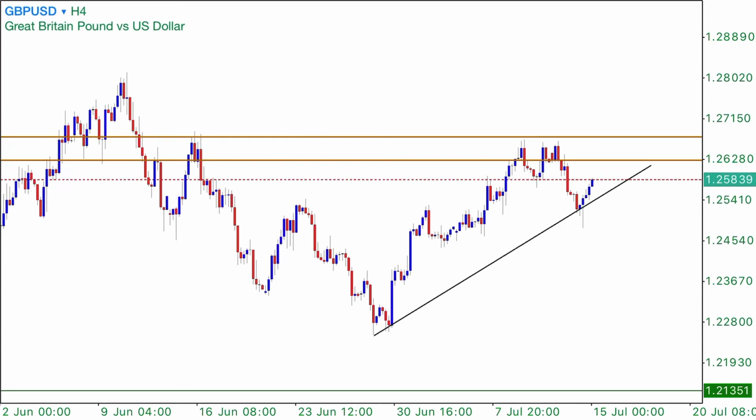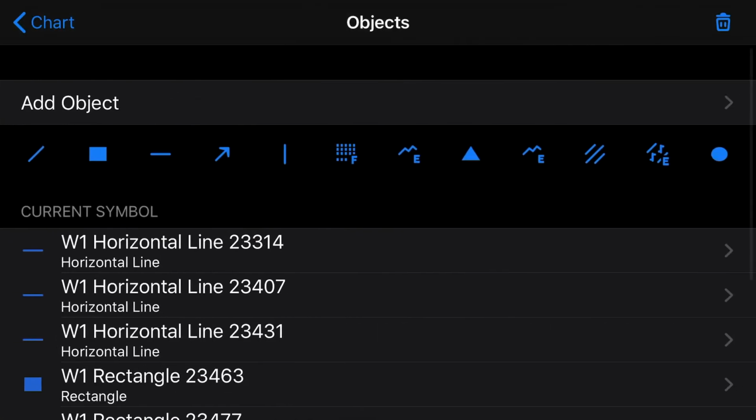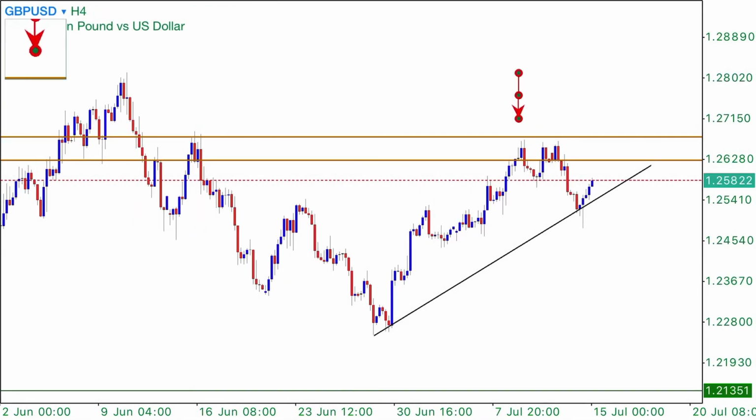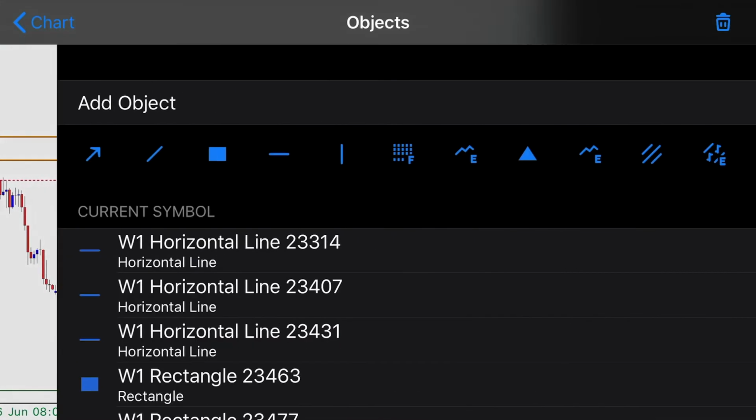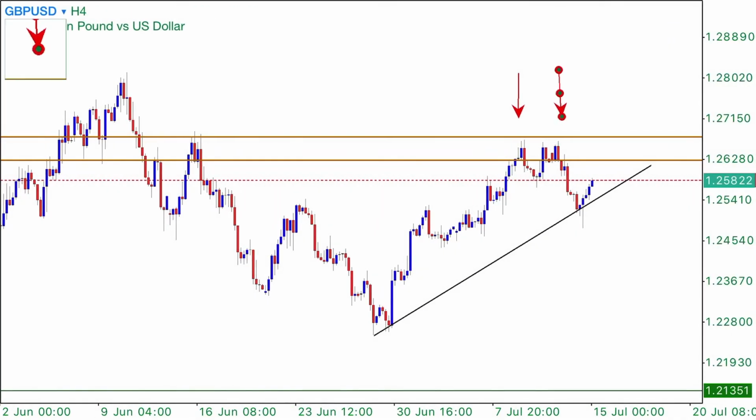Alright, so we can see that price has made a double top on our resistance. One top, two tops.